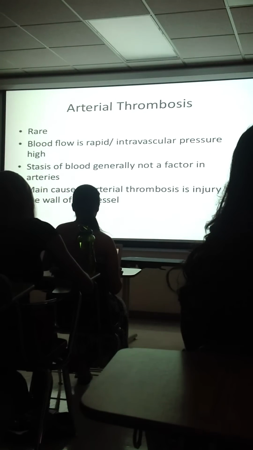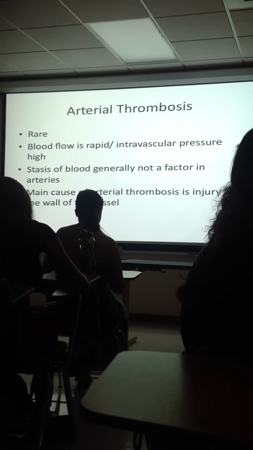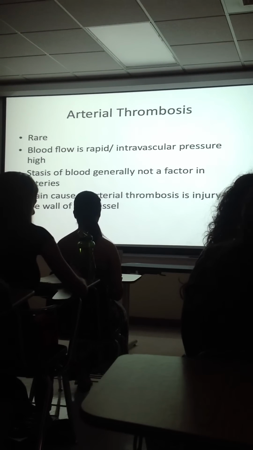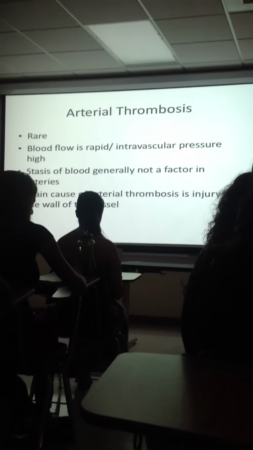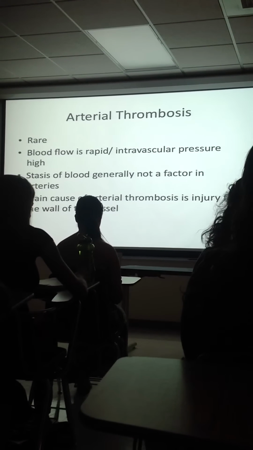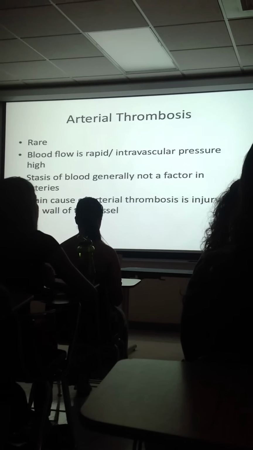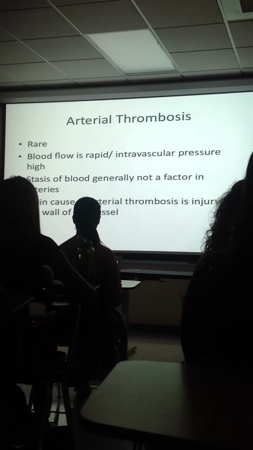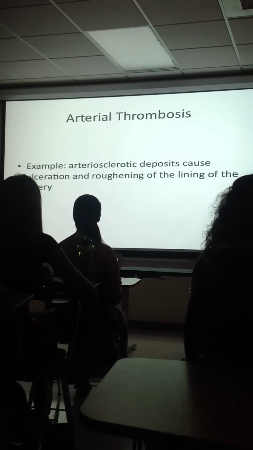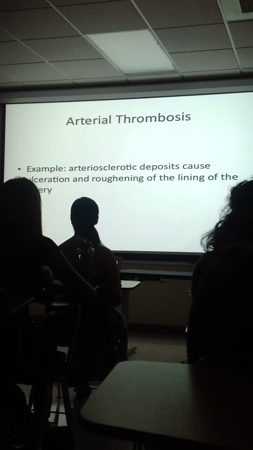In arteries, you can have these things forming, but it's rare, and we talked about why. When they do form, generally it's more an issue of injury as opposed to stasis. I gave you some examples like arteriosclerosis.